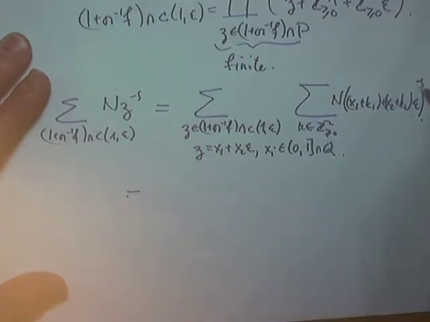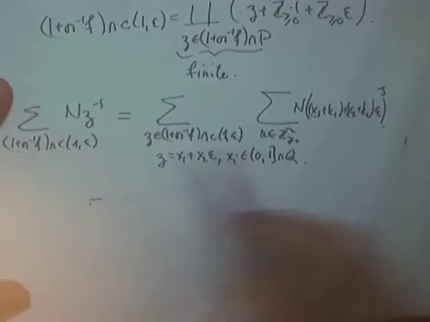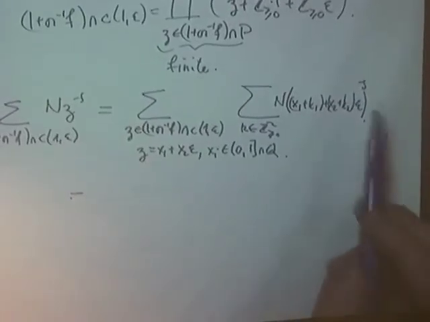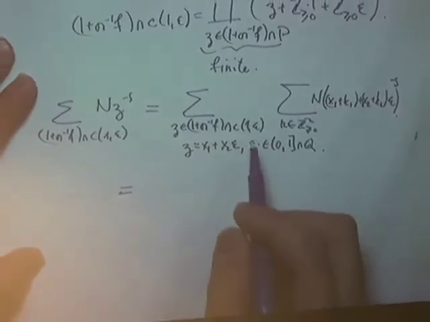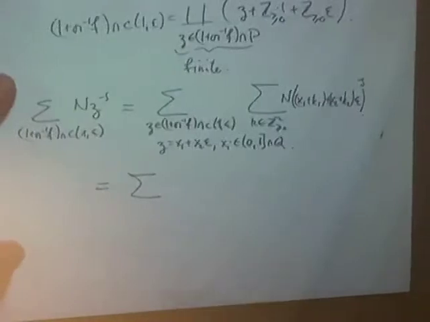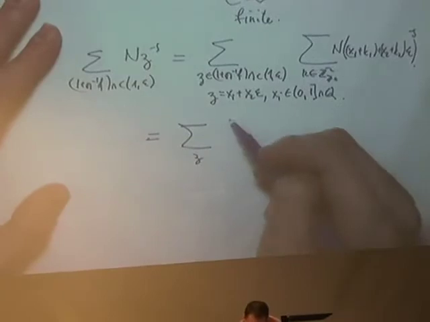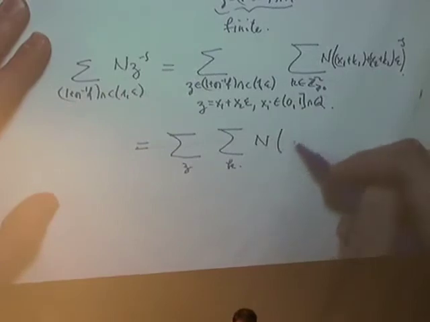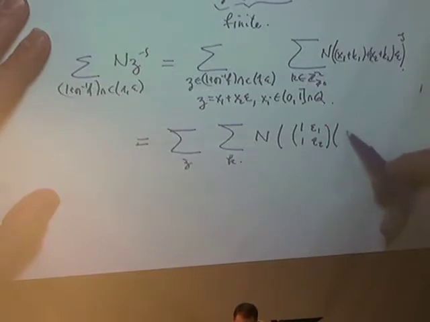Minus s, yeah. So what this is equal to is the sum over these same z's of the sum over the same k's of now the norm of the following vector, 1 epsilon, 1 1 epsilon 2, times the column vector x1 plus k1, x2 plus k2.